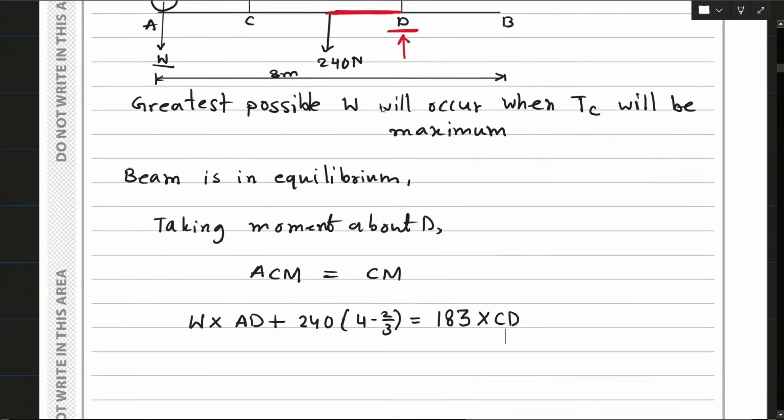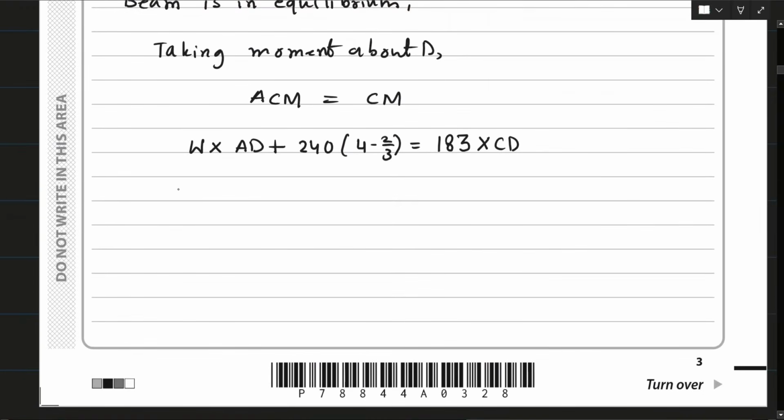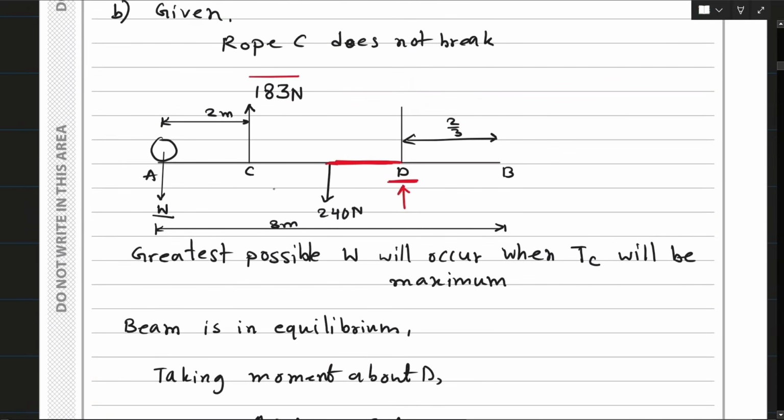So now this simplifies to W into 8 minus 2 by 3. We see that AD is basically 8 minus 2 by 3.